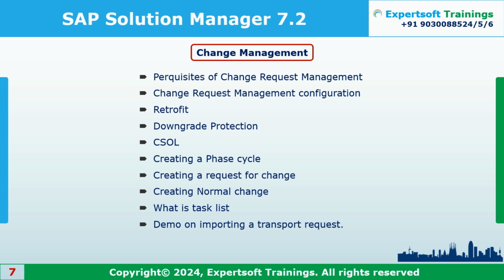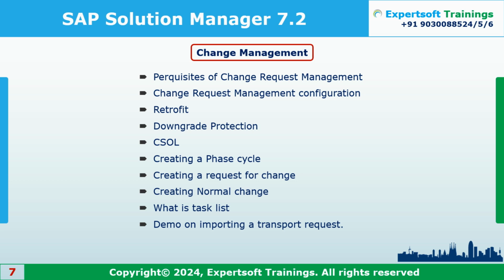We will show you how to create a request for change. Again, this creation of request for change will be done by the end user, not by the Solman consultant. So this is not in the technical scope, but is with respect to the end user or business user.